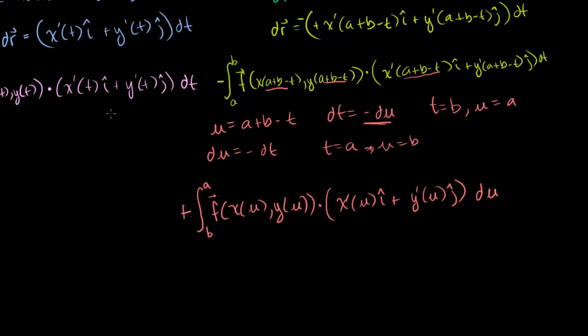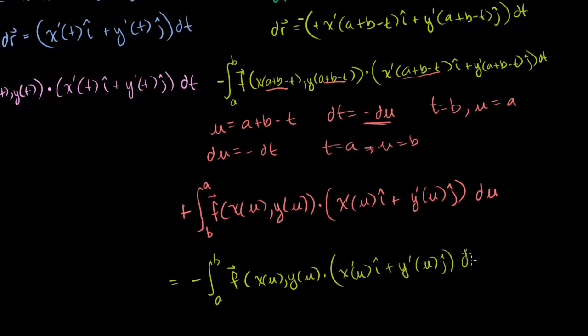And so you might say, hey, Sal, these two things look pretty similar to each other. They don't look like the negative of each other. And I would say, well, you're almost right, except this guy's limits of integration are reversed from this guy. If we reverse the limits of integration, we have to then make it negative. So this is equal to minus the integral from a to b of the vector f of x of u, y of u, dot x prime of u i plus y prime of u j, du.